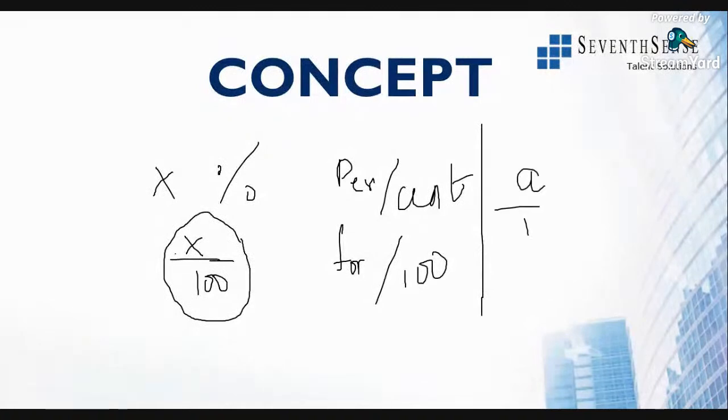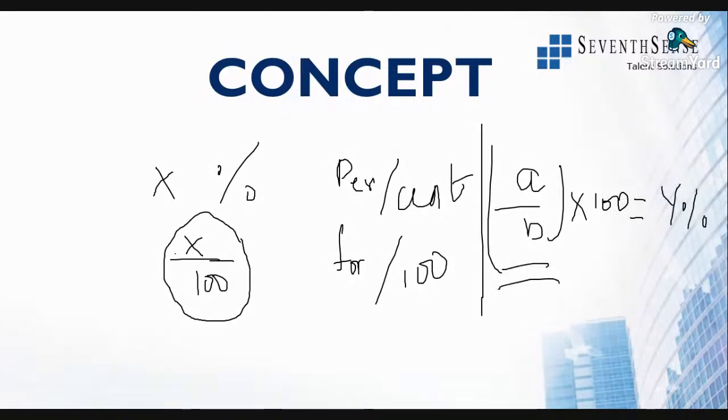All right. So you all know the fractions, right? Fraction in the form of a by b, or any ratio value in the form of a by b. If you convert this fraction into percentages, we multiply it by 100. So you will get some value, say y percentage. So whenever any fraction value is given, we will convert that into percentage by multiplying it with 100.